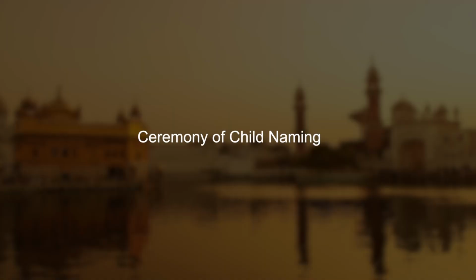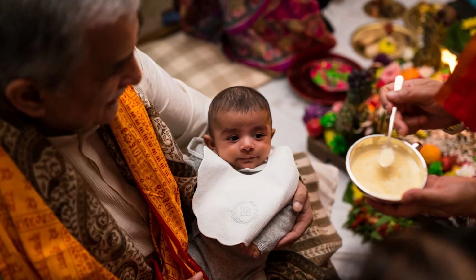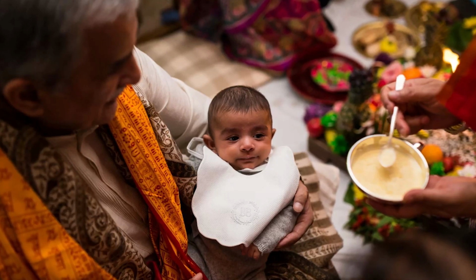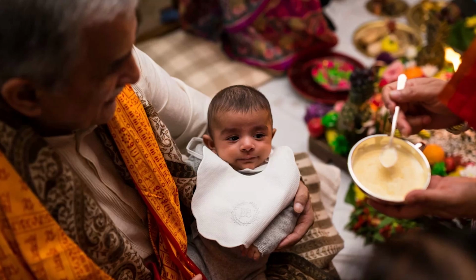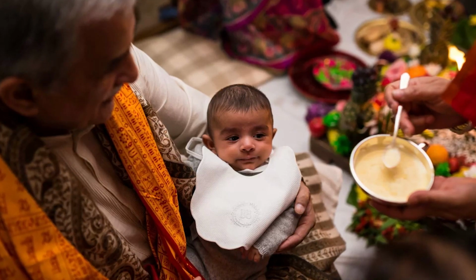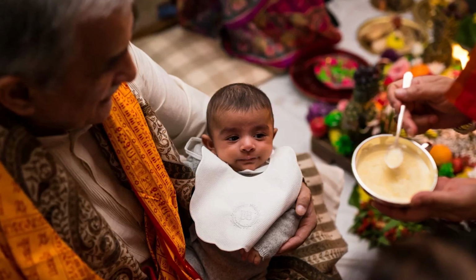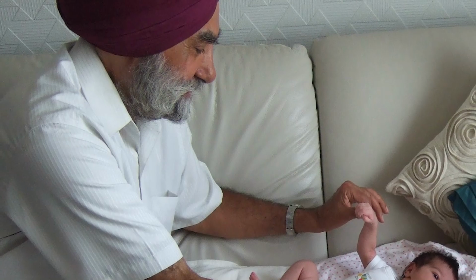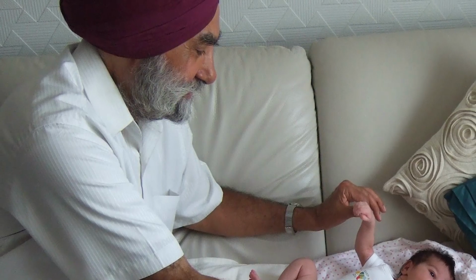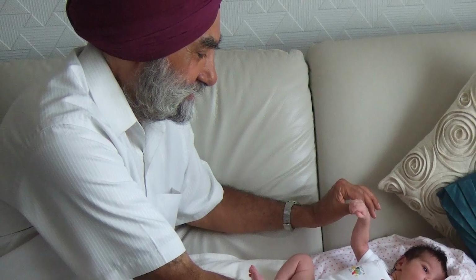Ceremony of child naming. Following the birth of a child in the family, there is a naming ceremony generally performed on the 1st of Baisakhi, that is the traditional Indian New Year and the day of birth of Khalsa. Relatives are invited to the Gurudwara if possible. The parents prepare Kara Prasad, take a new roomala, that is an embroidered Granth covering, and some sweetmeats.